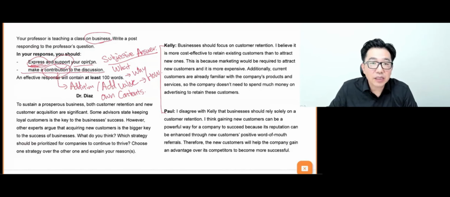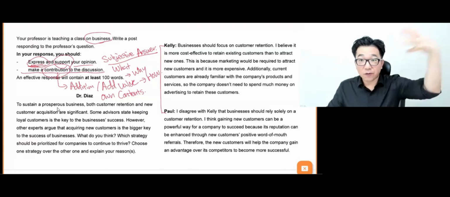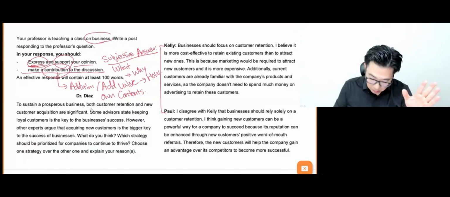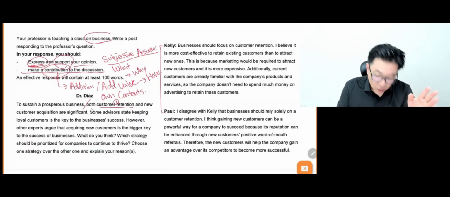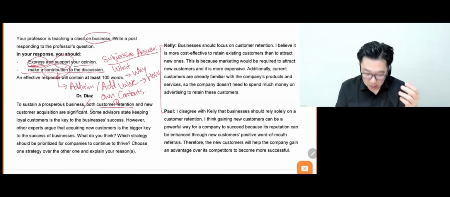Dr. Diaz, business professor: to sustain, to keep a prosperous, going well, successful, abundant business. So keep a thriving business, keep a good business, both customer retention, so keeping your customer, not losing your customer, okay?